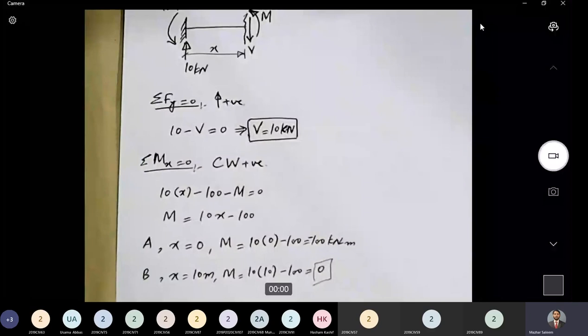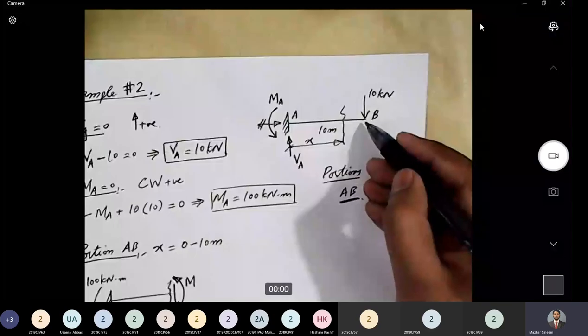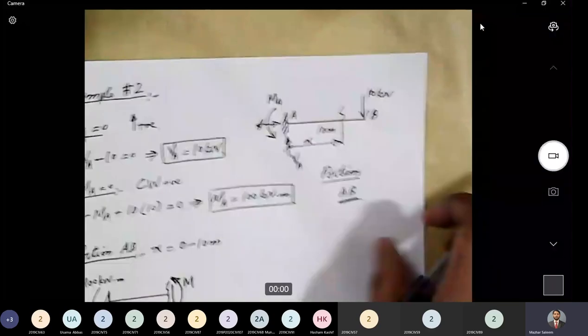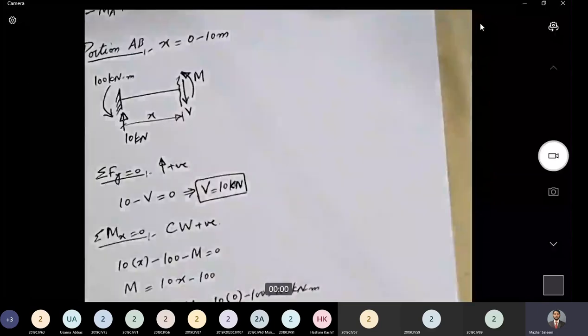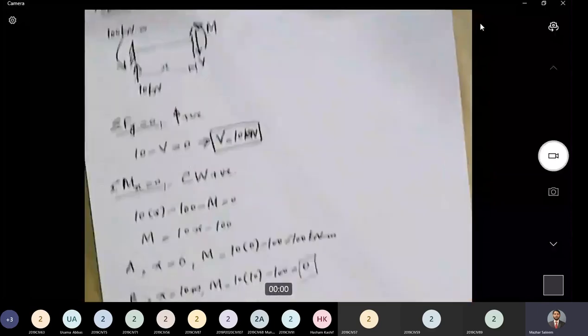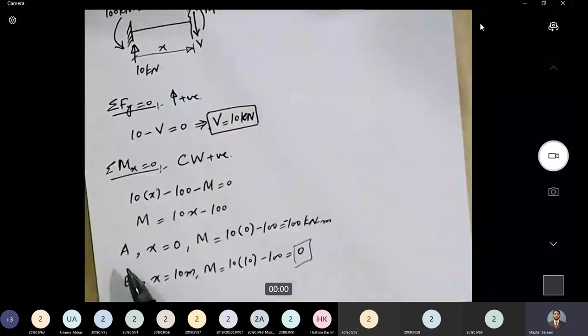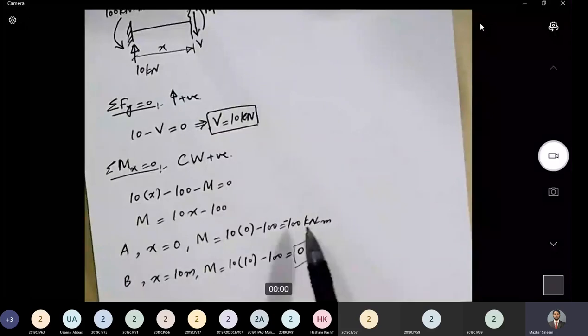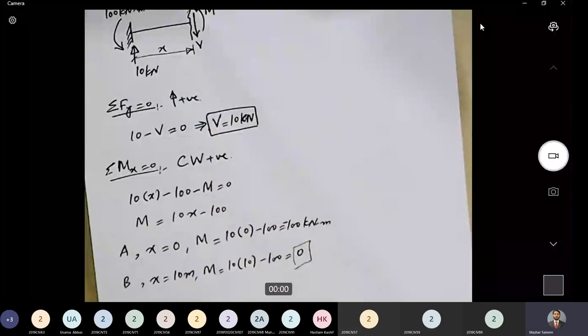And in this case, if we look at the given beam, there is no point moment acting at point B. So we should already know that the value of bending moment at point B should be equal to 0. And we have got this value equal to 0. So this is logical. And at point A, the value is 100 kilonewton meter. It's equal to the value of reaction at support A. So that also is fine.